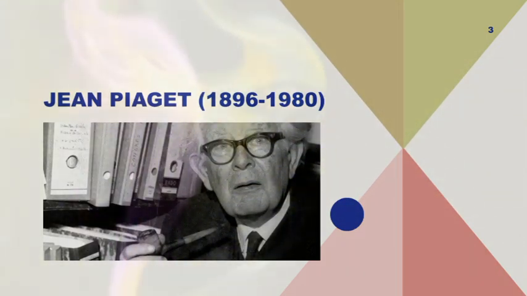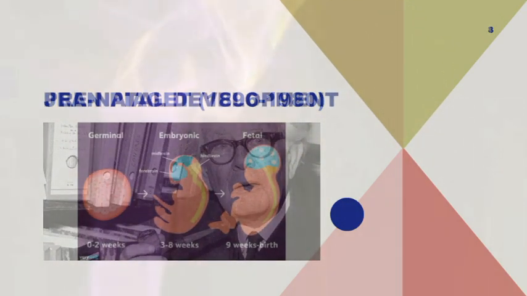And so this is something that you need to keep in mind, particularly as we discuss early childhood, late childhood, and adolescence. Now, let's move on and explore just a little bit of prenatal development.